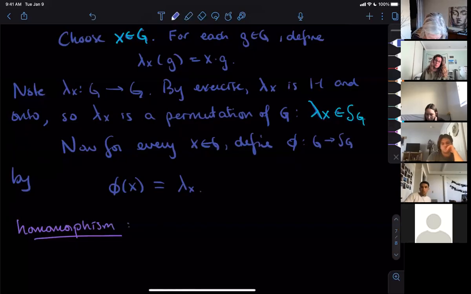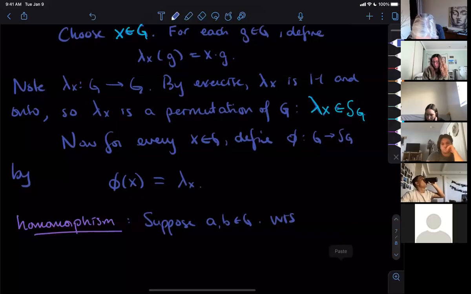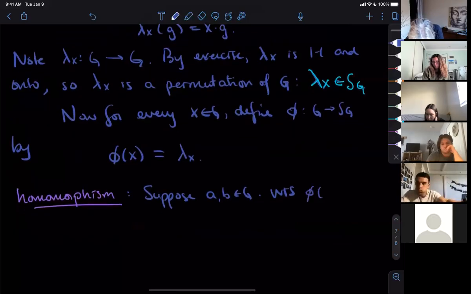Suppose A and B are in G. I want to show that phi of A times B is phi of A times phi of B.